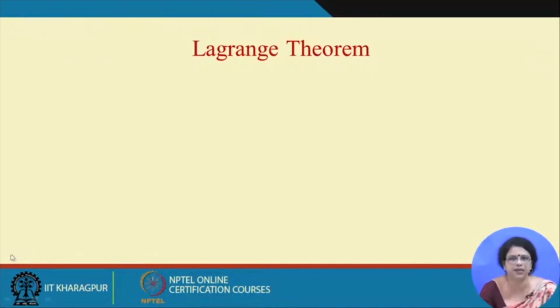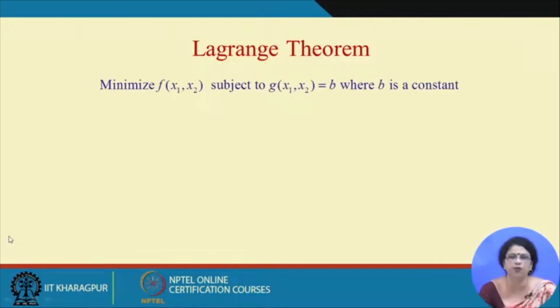Now, let me revisit the Lagrange theorem. In the Lagrange theorem we know if we consider a two-variable function, both objective and constraint, we are considering minimization of f(x1, x2) subject to g(x1, x2) equal to b.